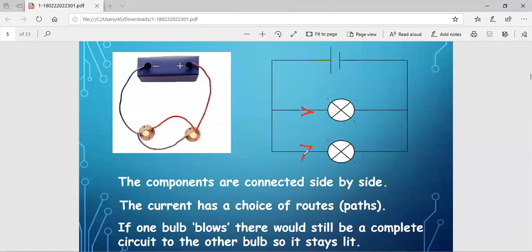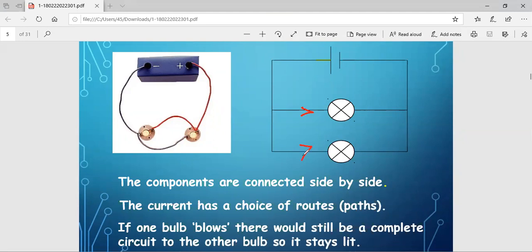So we call this a parallel circuit because we have two lines that, from the point of view of geometry, are parallel to each other. So why do we call them parallel? Because they are actually geometrically parallel to each other.